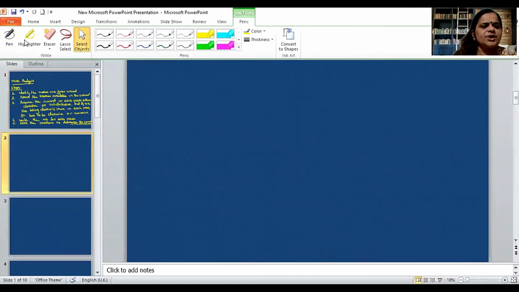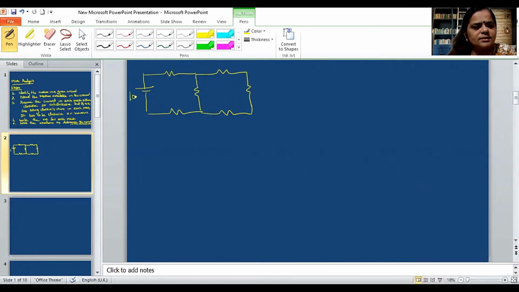So let us try to solve one circuit, a very simple circuit that I am giving to you. Suppose this is 10 volt, this is 5 ohms, this is 10 ohms, this is 15 ohms, 5 ohms, 5 ohms and 20 ohms.